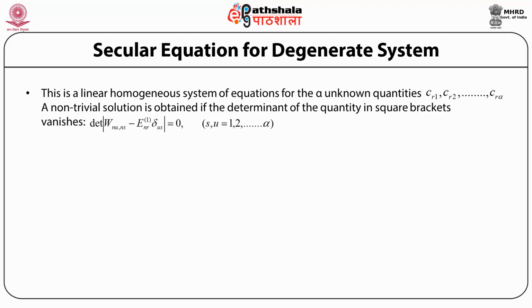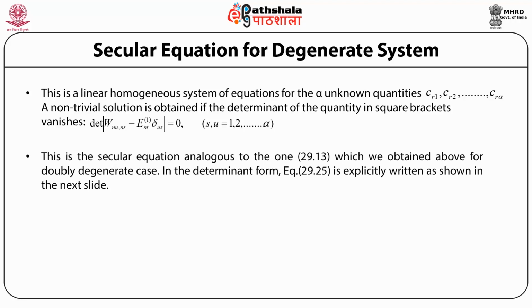Determinant of W nu ns minus ENR1 delta us equals 0, where S and U can take the values 1, 2 till alpha. This is the secular equation analogous to 29.13, which we obtained above for the doubly degenerate case. In determinant form, equation 29.25 is explicitly written as shown in the next slide.